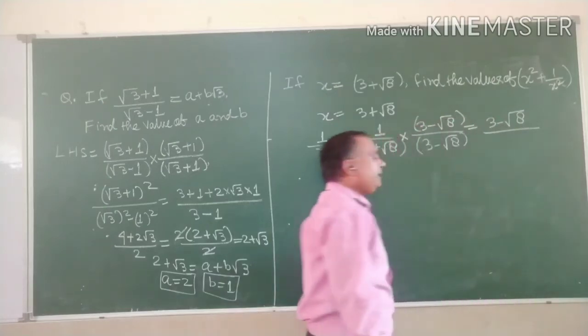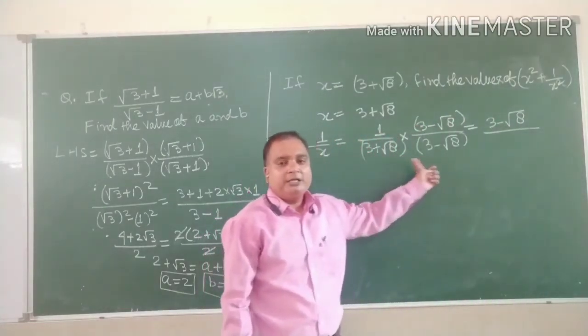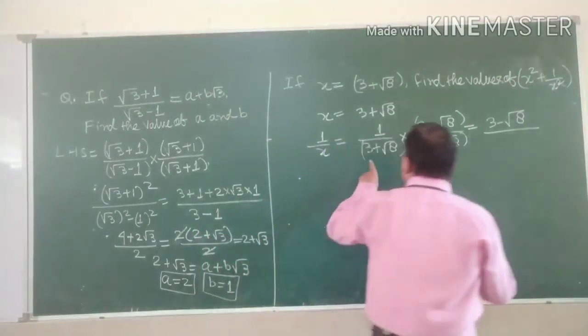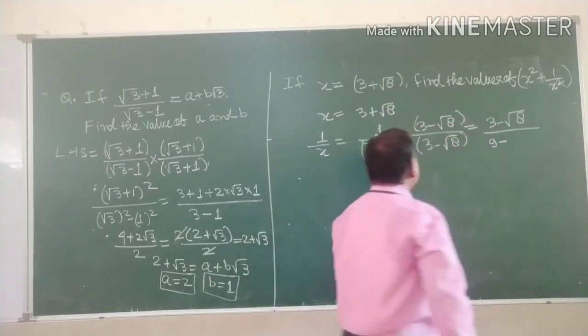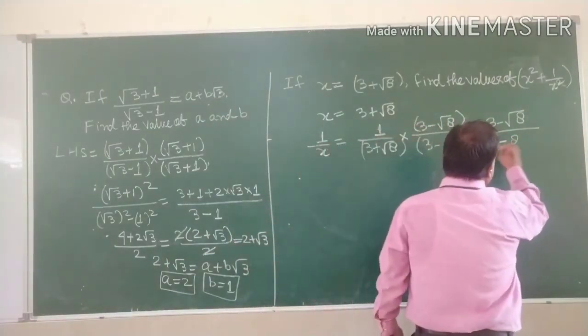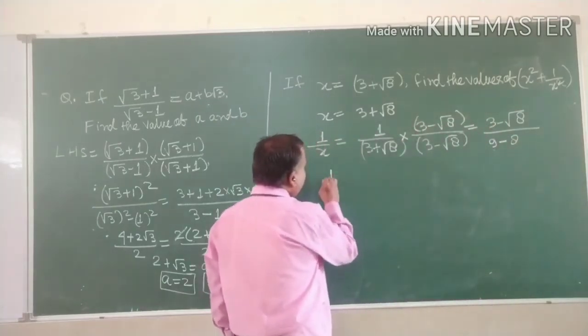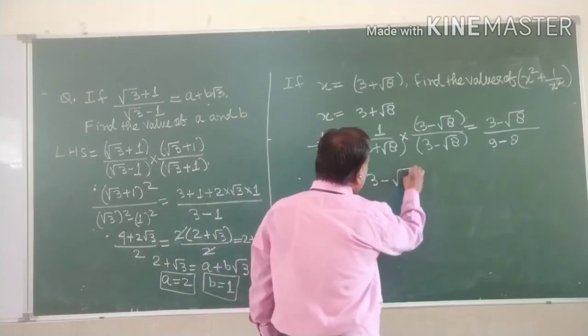And in the denominator again it is in the form of a plus b into a minus b, that is a square minus b square. A equals 3, so the square of 3 is 9, minus b square. B equals root 8, the square of root 8 is 8. 9 minus 8 is 1. So we can write the value of 1 upon x equals 3 minus root 8.